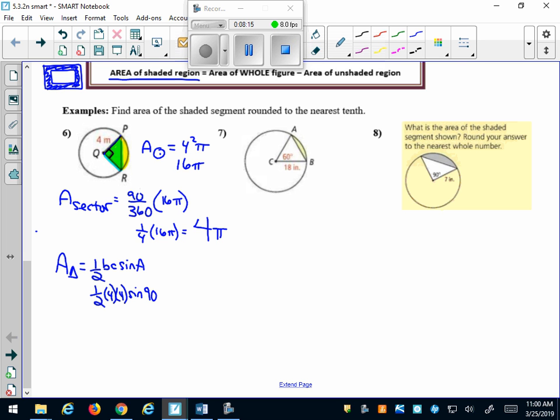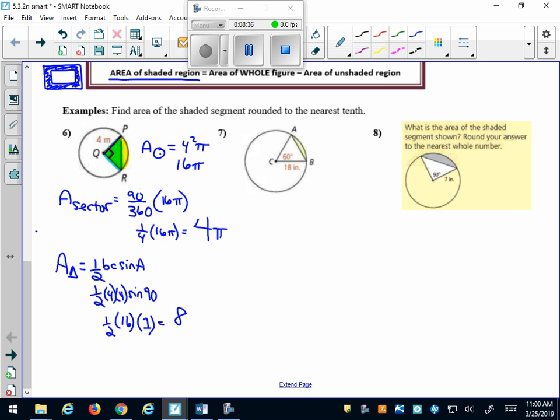So what's the sine of 90? Sine of 90 is 1. 4 times 4 is 16, and we have to take a half of that. So the area of the triangle is 8.